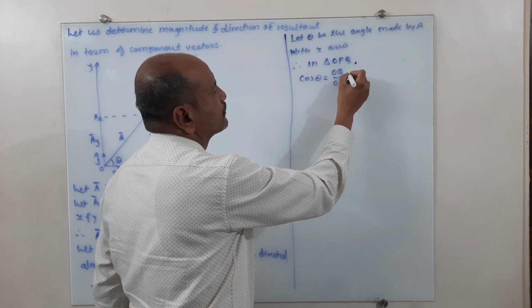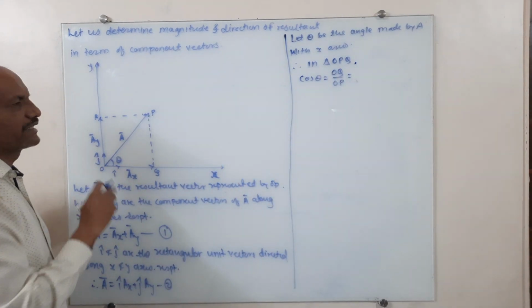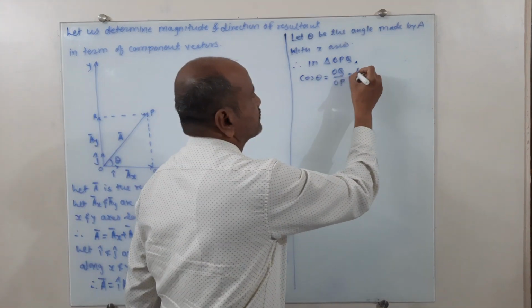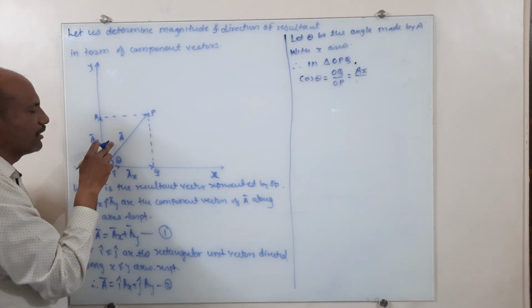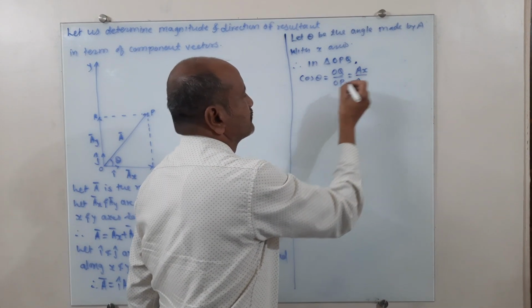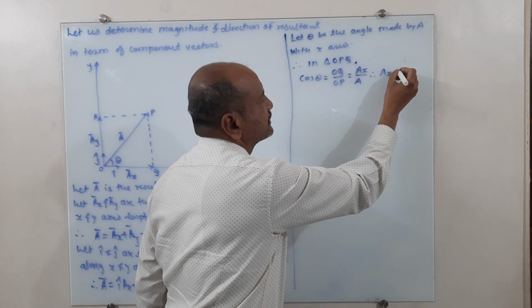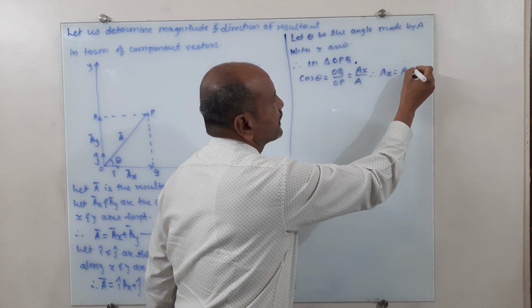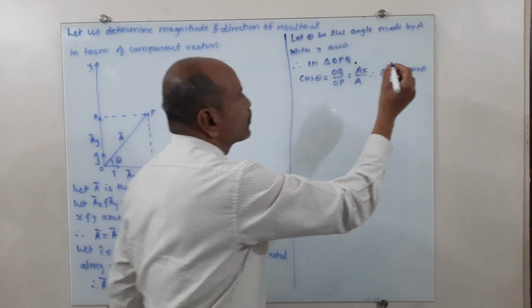OQ is the magnitude of Ax and OP is the magnitude of A bar. Therefore, Ax is equal to A cos theta. Equation 2.